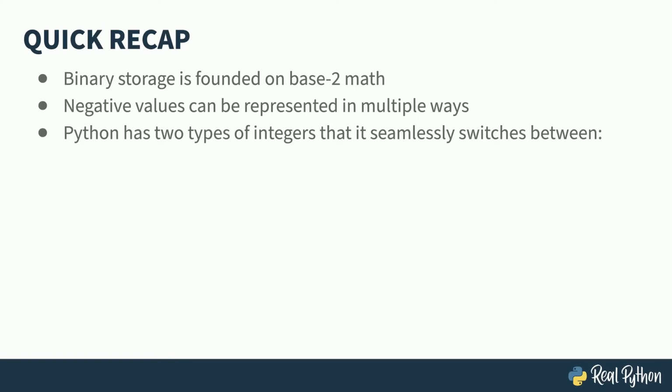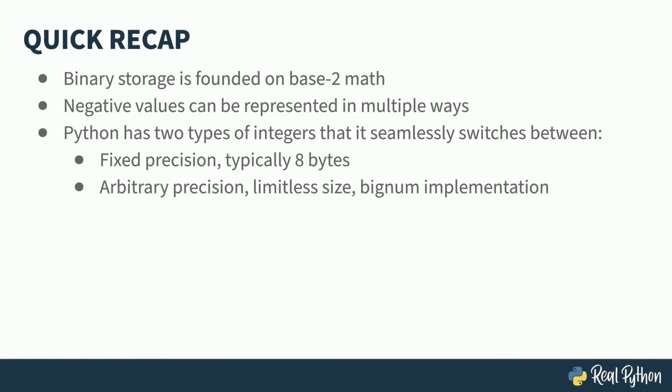Python has two internal mechanisms for storing integers, which it switches back and forth between: fixed precision, which is typically an 8-byte number, and arbitrary precision, which is a big num object representation without an upper limit. One complication for bitwise operations is that Python does not have a native unsigned integer data type. Okay, good enough. Let's open up the REPL and do some bitwise math.